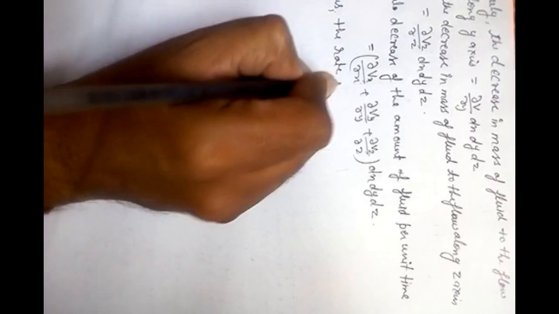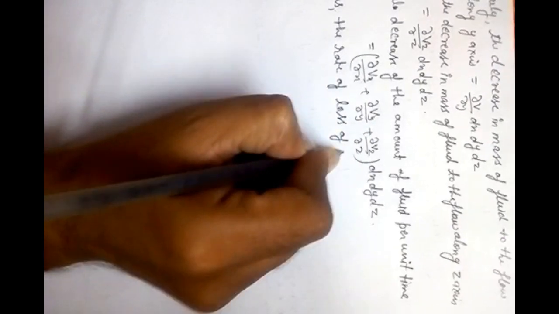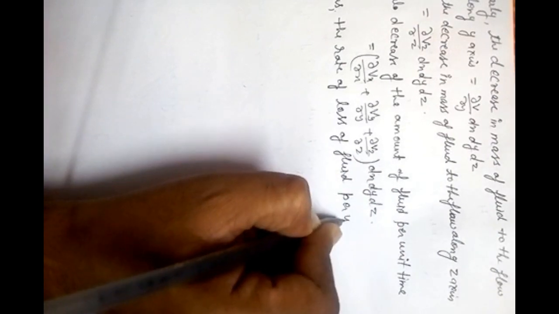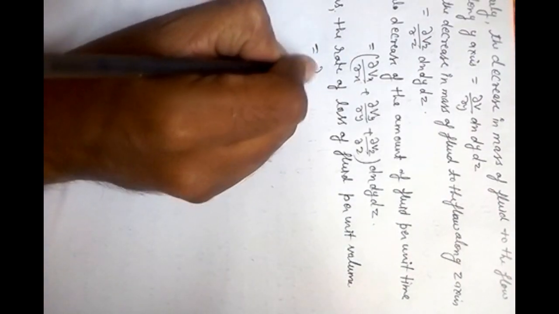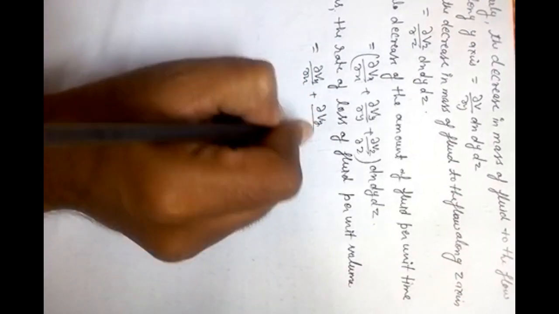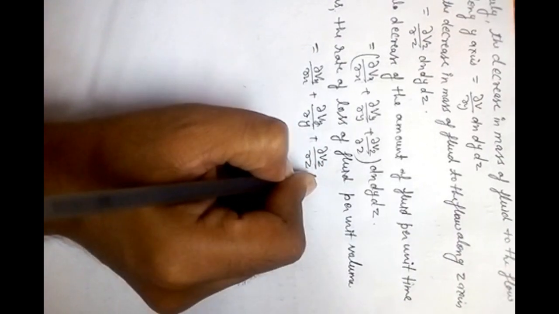Okay, thus the rate of loss of fluid per unit volume is equal to del Vx upon del x plus del Vy upon del y plus del Vz upon del z.